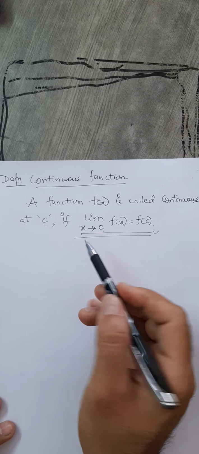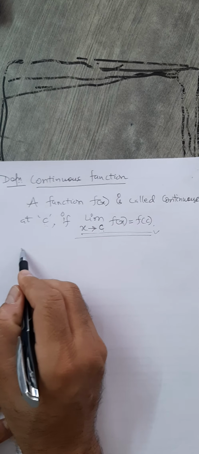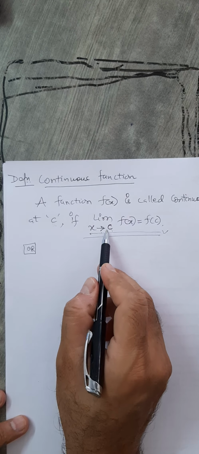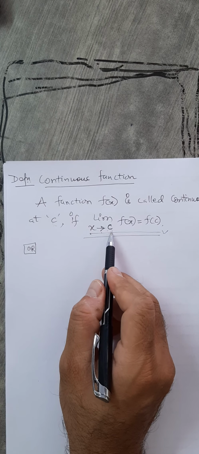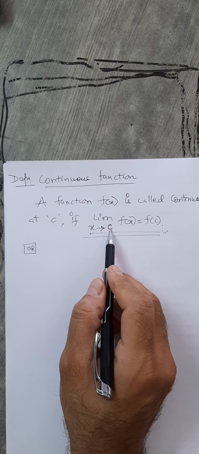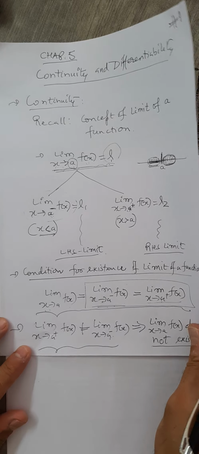Now sometimes, instead of a single limit, you can use the RHS and LHS limit. So you can write the same definition alternatively. I'll just replace this single limit by the LHS and RHS limits.